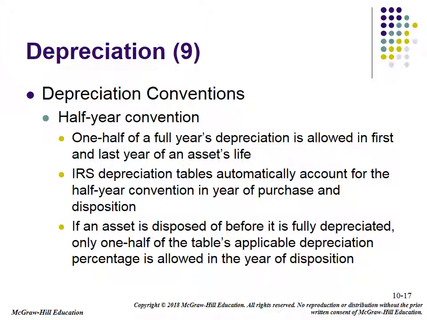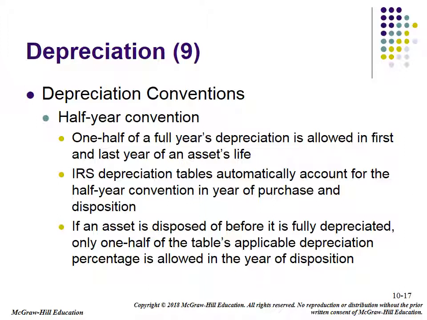So they have to create these tables with some assumptions, because are they going to give you a full year's depreciation the first year? Well, normally when we calculate depreciation in the first year, we say, how long did we own the asset during the year? If we only owned it 3 months, normally we only get to take 3 months of depreciation.